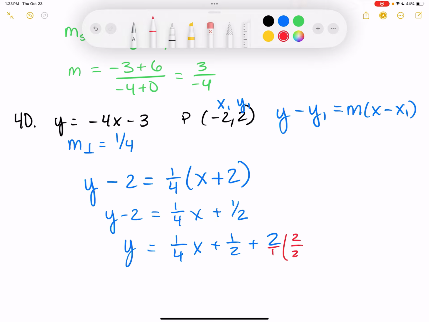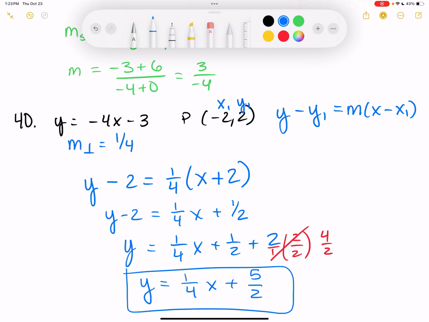Multiply it by 2 over 2. So that means that this is going to become 4 over 2, which is the same thing as just 2, which is what it was. So now my final answer, y equals 1/4 x plus 5/2, and that's your answer. That's what you told me yesterday.